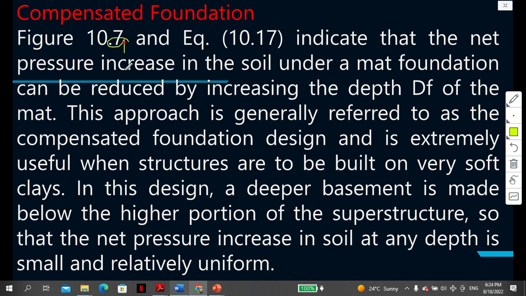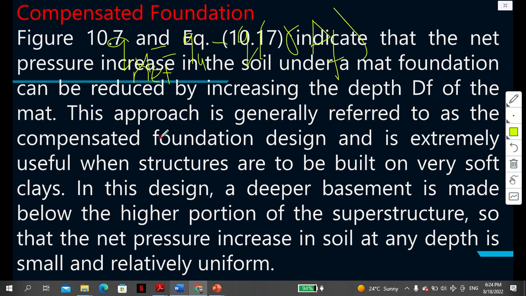If we are saying Q net is Q U minus Q, which is in other words Q times dF, so if you increase dF, then you can increase the Q ultimate. That's what we're saying. This is Q net.